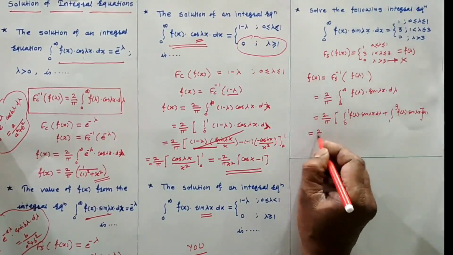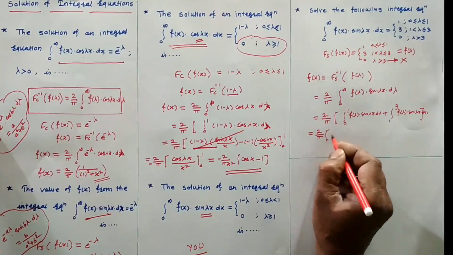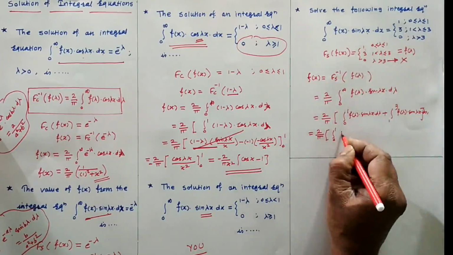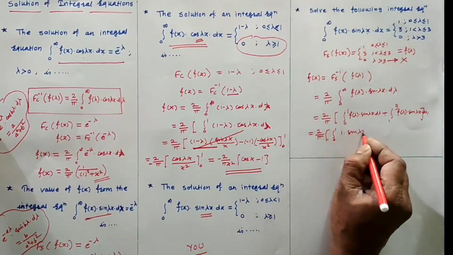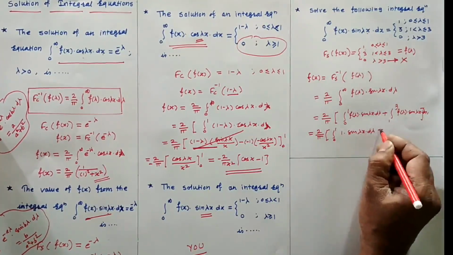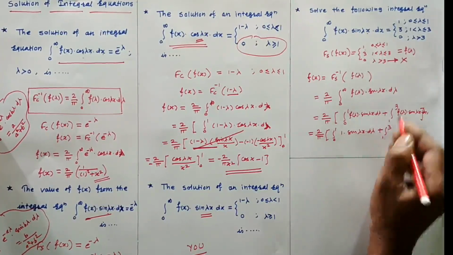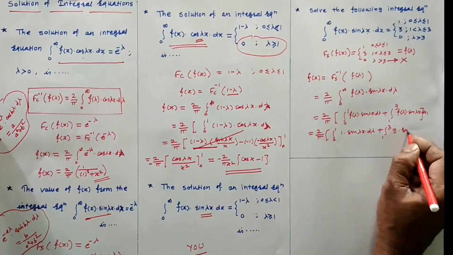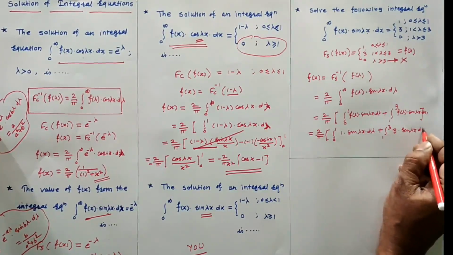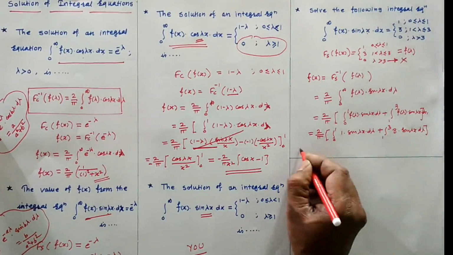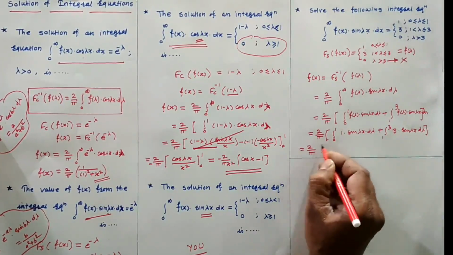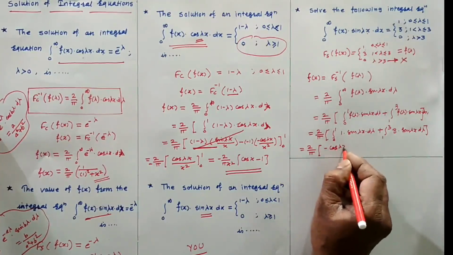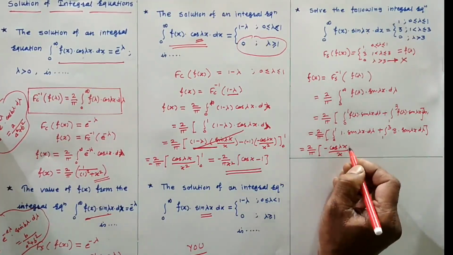Now put the respective values of f(lambda). For 0 to 1, the value of f(lambda) is 1, with sin(lambda x) as it is. For 1 to 3, this is 3 sin(lambda x) d lambda. Now take the integration of this, cos(lambda x) by x, with respect to lambda.